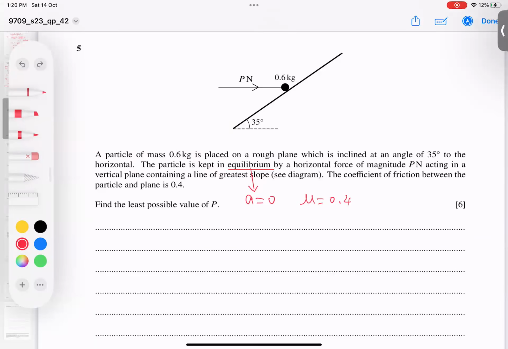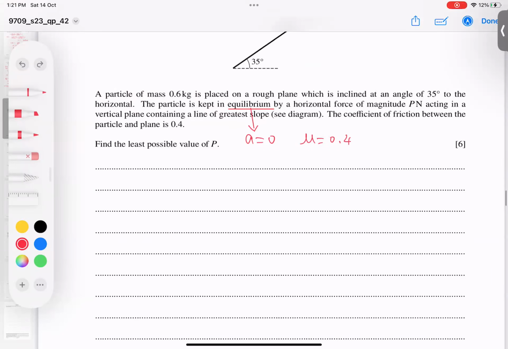Now least force. We have two options: least force and largest force. Let me give you both ideas. For example, one man is pulling his luggage upwards, but he's thinking that there's not enough force and it is about to move downwards.